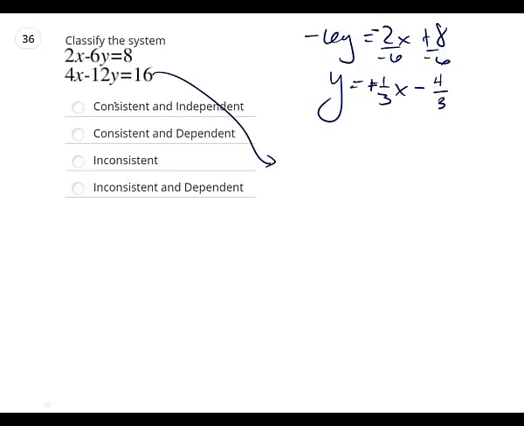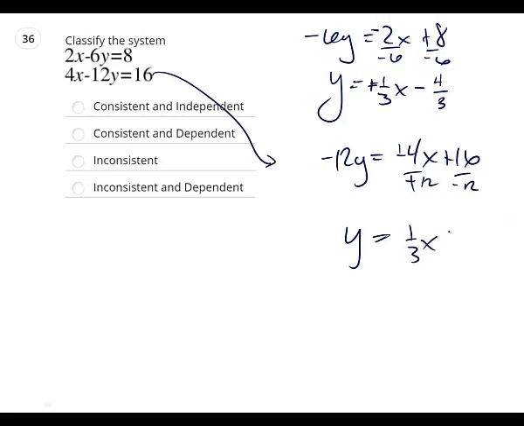Now I'm going to do this equation. I've got to move the 4x to the other side. How do we move the 4x? Subtract it. Plus 16. And then what are we going to do with the negative 12? Divide. So you've got y equals, that's going to reduce to 1/3 x minus what? 4 over 3.